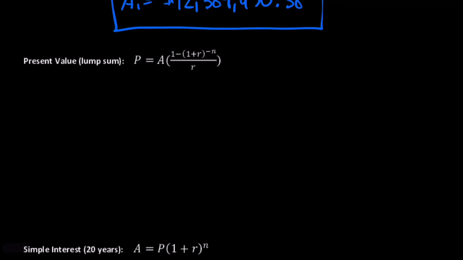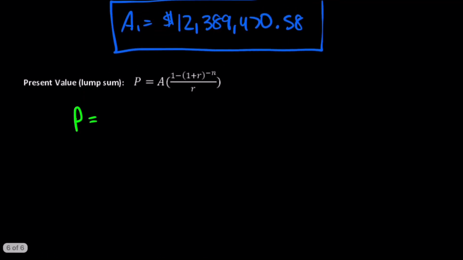So using the present value formula, if you want to figure out how much you need up front, you're calculating for P. You need to use this number right here as your A. So that'll be 12,389,470.58.